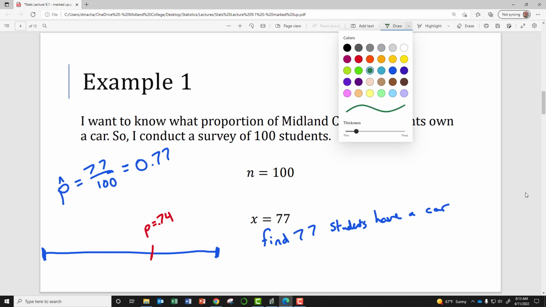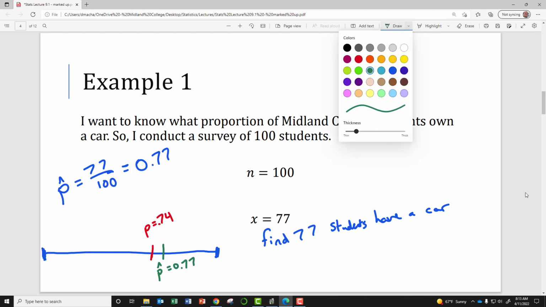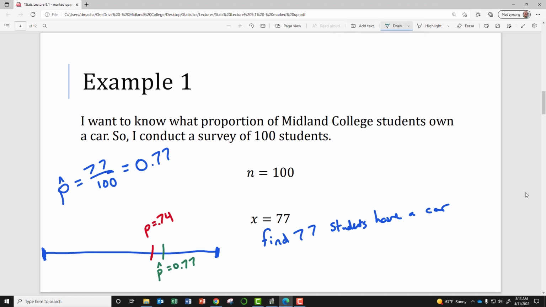Well, then my sample proportion of 0.77 is just a little bit off of the population proportion. And what you're going to find is that in almost every single case, your sample proportion does not match your population proportion exactly. It should be close, but the probability is very, very tiny that your sample proportion is really going to match your population proportion.